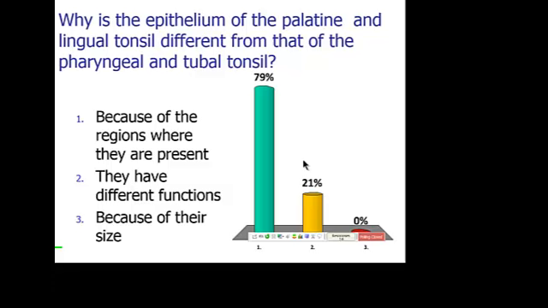Very good. Because of the regions where they are present. They don't all have different functions. They're all part of tonsillar tissue whose function is immune response. And of course, the size doesn't matter. It's because of the region where they are present, which is what I told you.